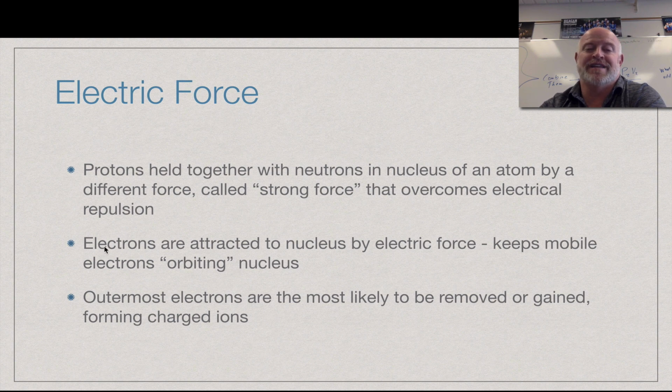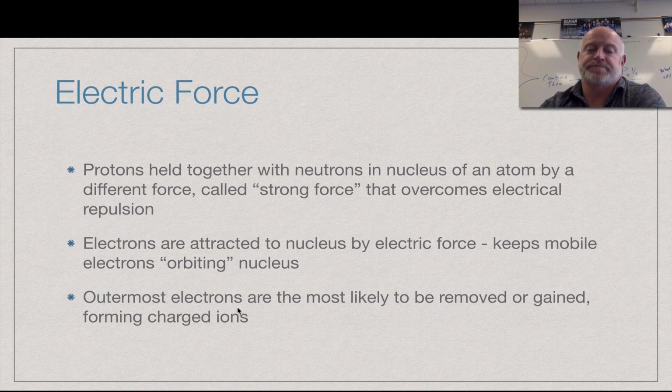Now, the electrons are attracted to the nucleus by this electric force. This electric force, or electrostatic attraction, is what creates that orbiting effect around our nucleus. Electrons would normally just fly away, except they are attracted to the positive core of our nucleus. However, the farther the electrons get away from that core, the weaker that attraction is. So our outermost electrons are the ones most susceptible to being taken away.